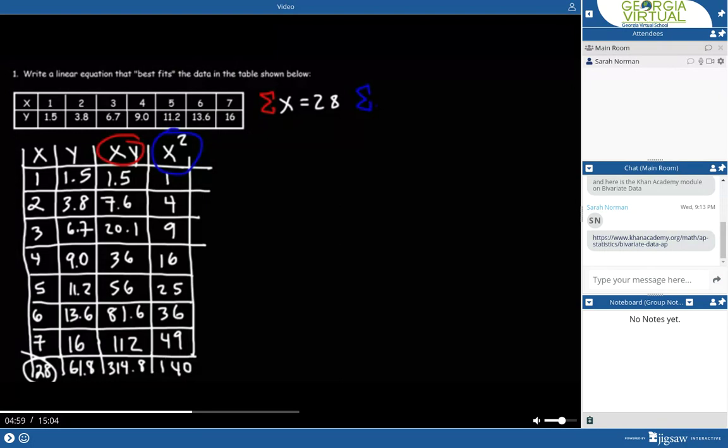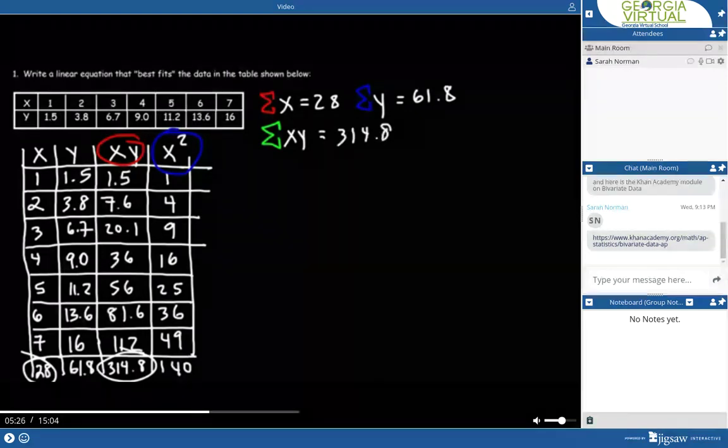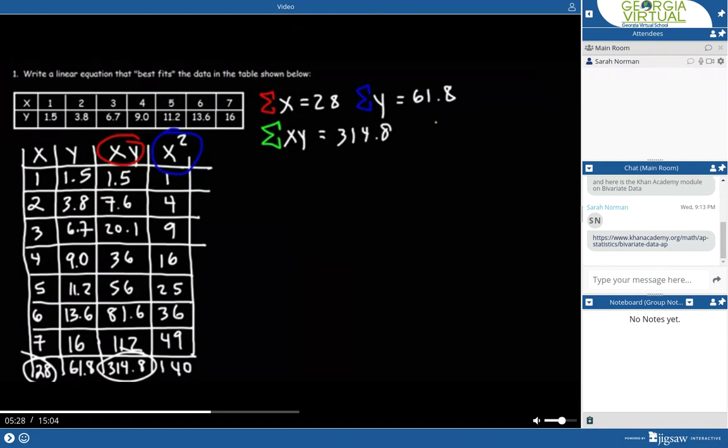The sum of the y values is 61.8. These values are important because they're going to help us calculate the slope and the y-intercept of the linear equation. Next, we have the sum of the xy values, and that's 314.8. And finally, we have the sum of the x squared values, which is 140.